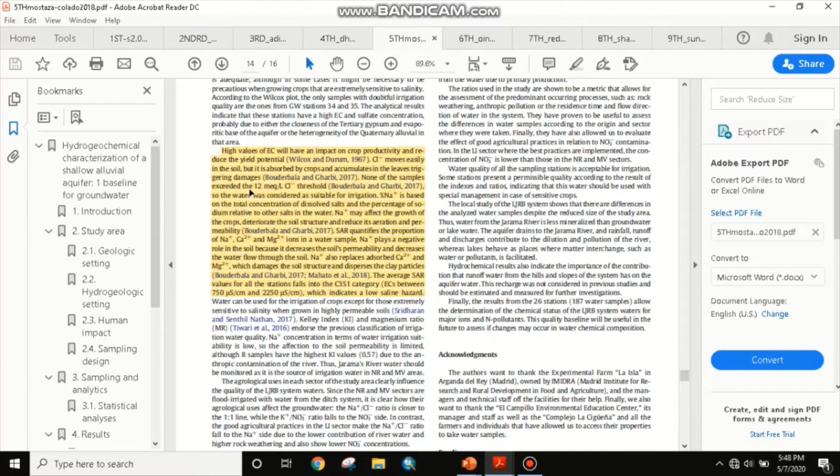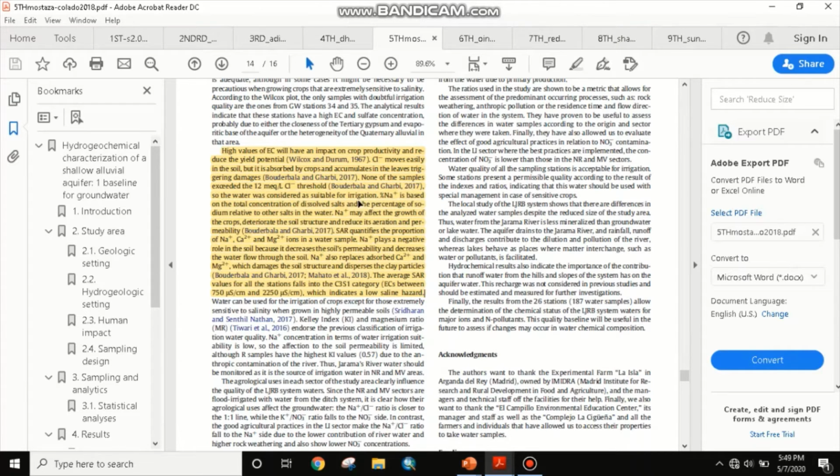None of the samples exceeded the 12 meq per liter Cl threshold. This is the reference they have followed. According to this reference, the water was considered suitable for irrigation.